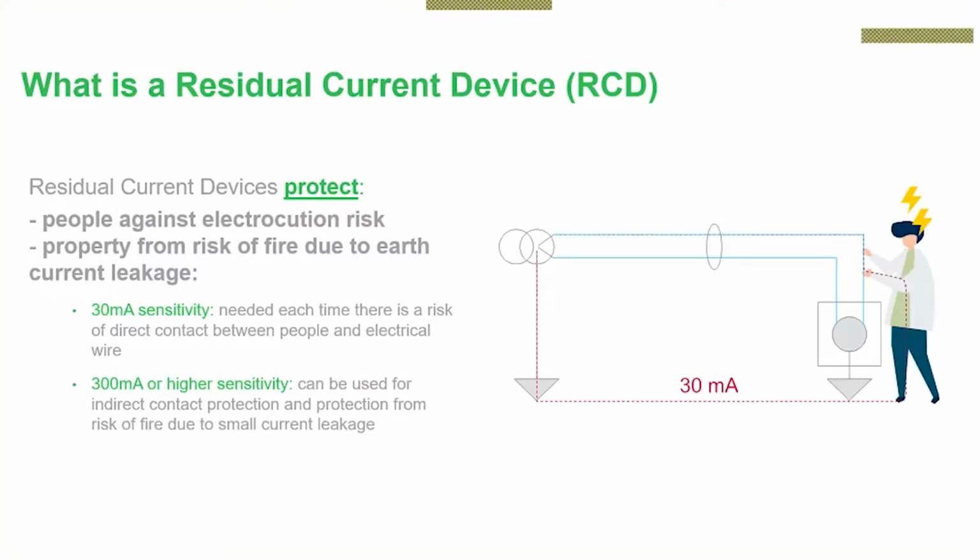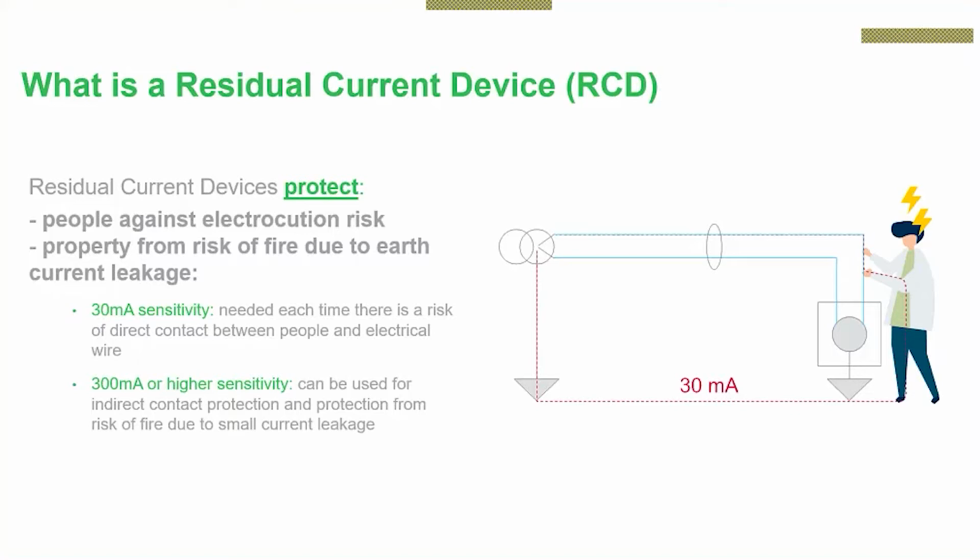When earth leakage current is in excess of the device's sensitivity, in this case a 30 milliamp rated RCD, which is the maximum permissible limit before putting a person at risk of heart fibrillation, the RCD will detect an imbalance of current flowing in the live conductors and opens the circuit, breaking all the live conductors within a specified time.